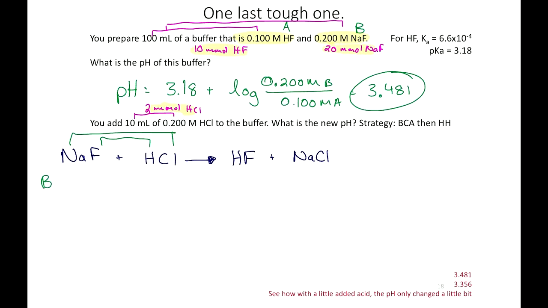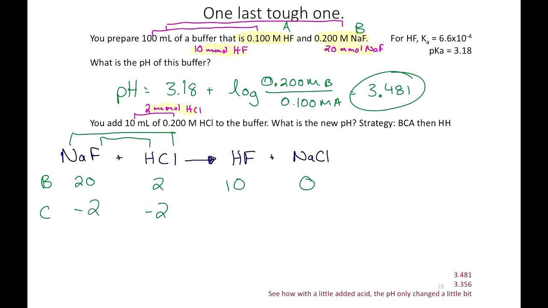All right, so I'm mixing all these things together. I want to see what happens. So I have 20 millimoles of NaF. I have 10 millimoles of HF, and then I have 2 millimoles of HCl, and I have 0 NaCl, right? So what we're looking at is just the reactants reacting. So tell me, which is my limiting reactant? HCl. So I'm going to fully consume that HCl. So if I consume the HCl, how much of the base do I consume also? -2.